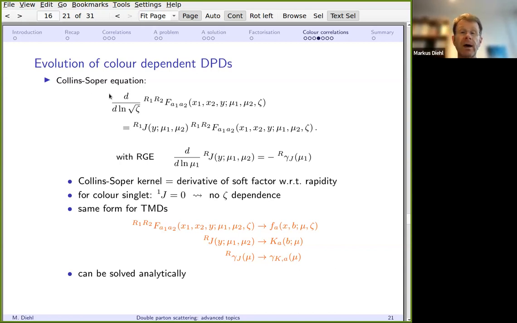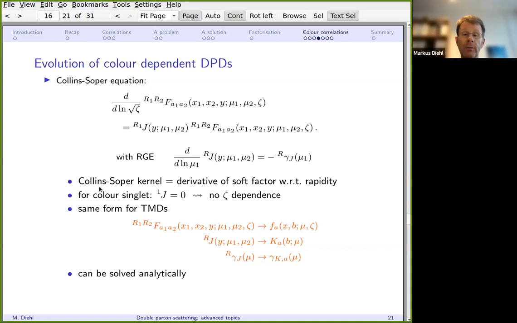This one is of the type that was discussed by Collins and Soper for TMDs, which, as I said before, have a close formal relationship with this physics. And this kernel that describes the rapidity change has itself a scale dependence that is given by a simple RGE. This is a closed system that has an easy solution as a differential equation, which I will not write down.